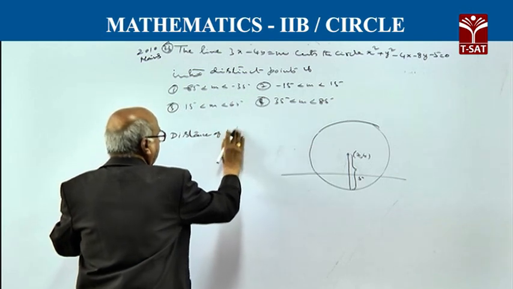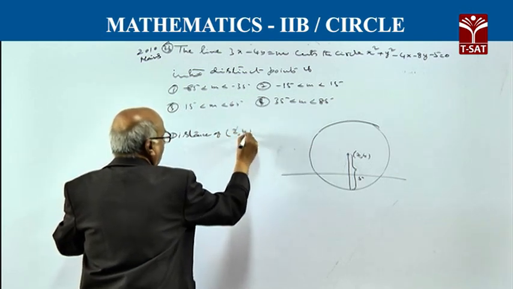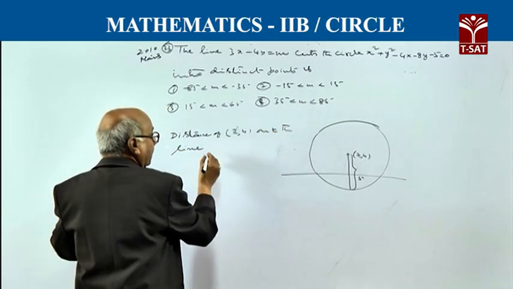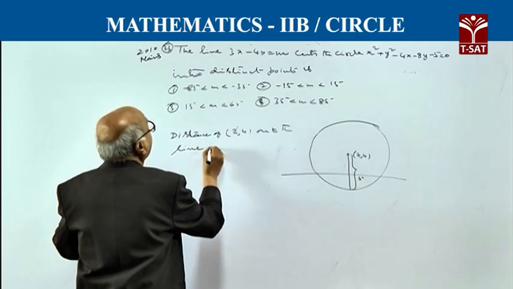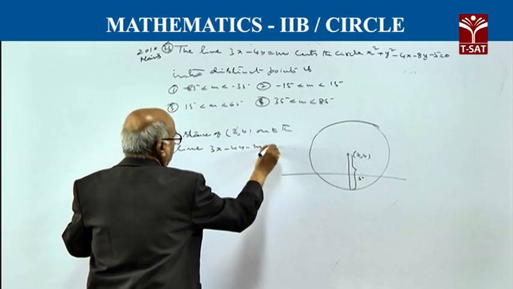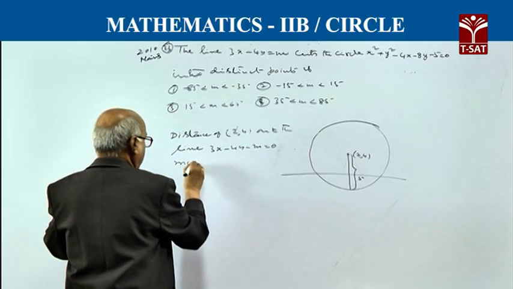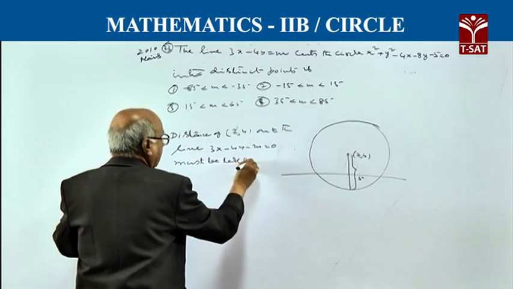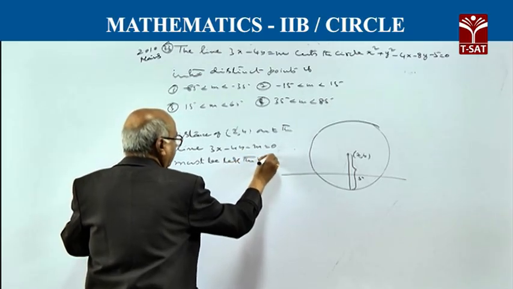So here you are having the distance of (2, 4) onto the line 3x minus 4y minus m equal to 0 must be less than the radius 5.